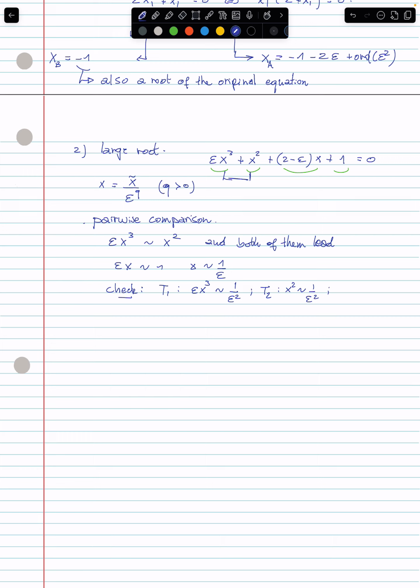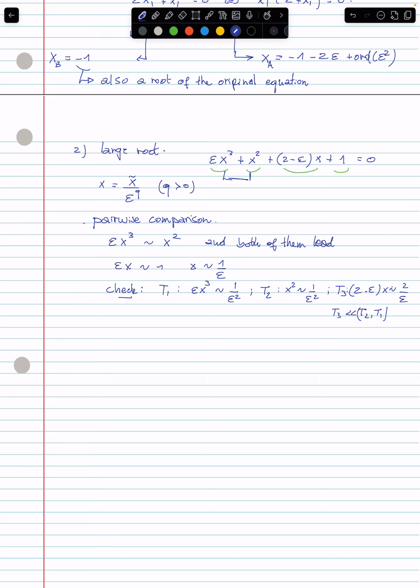Then the next term, T3, is 2 minus epsilon multiplied by x. So because epsilon here with the 2, epsilon here is much smaller than 2, the leading solution is 2. And so we have 2 over epsilon, which is indeed T3 is indeed smaller than T2 and T1.